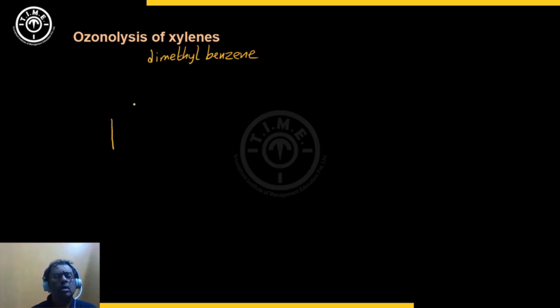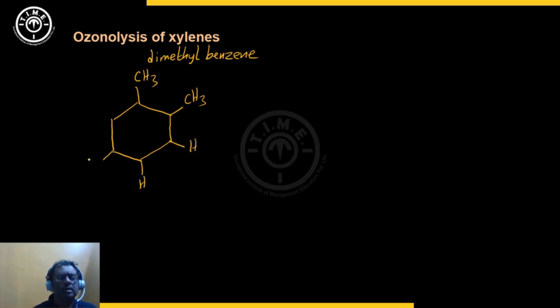So let us start with an orthoxylene. Orthoxylene means where you have the 2 methyl groups at the first and the second carbon. So we'll put a CH3 and a CH3. Don't forget to put the hydrogens. Put also the hydrogens, and a hydrogen there. Put a double bond, put a double bond, put a double bond.